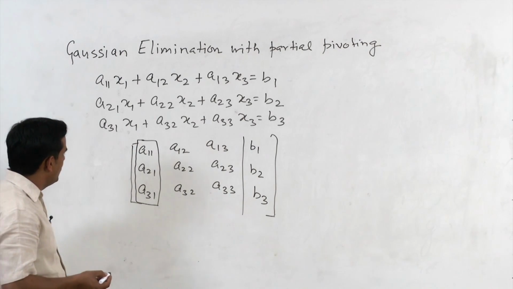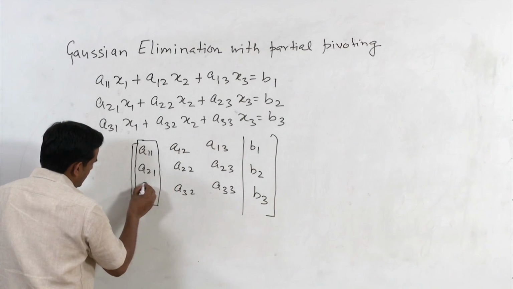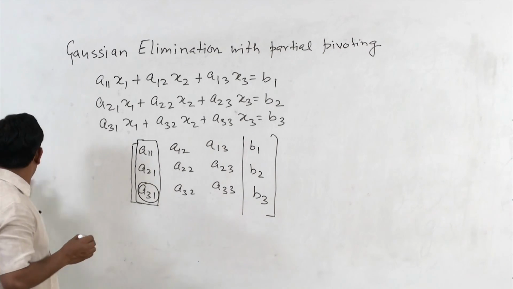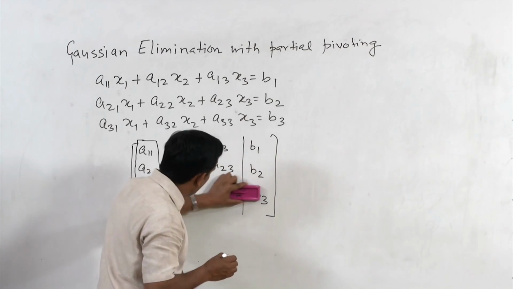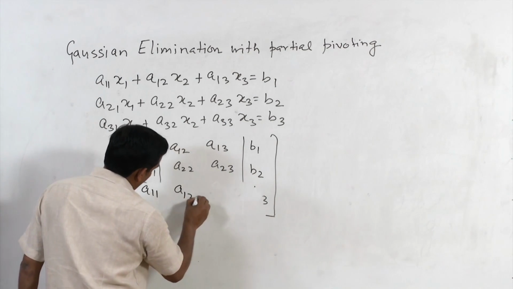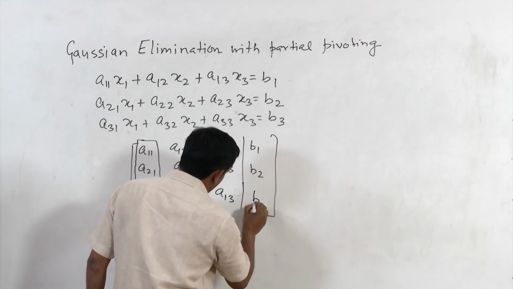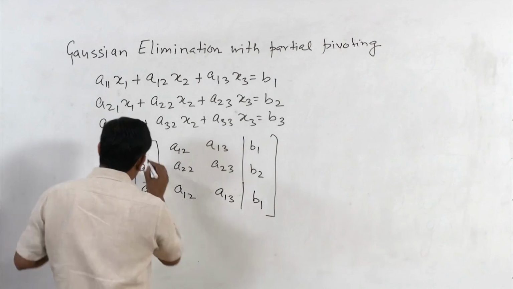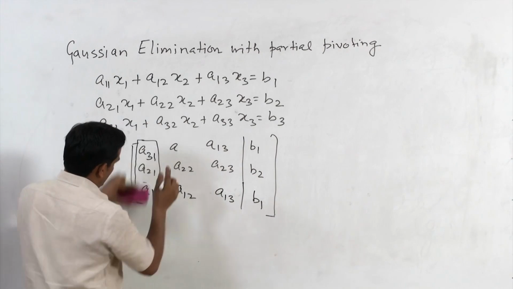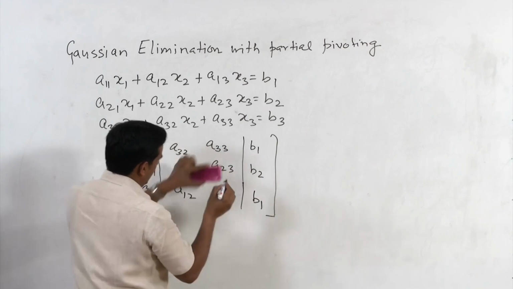After doing this, let us assume that the maximum element is a31. So, I will interchange my third equation with the first equation. My augmented matrix will become a31, a32, a33 equals b3 in the first row, and a11, a12, a13 equals b1 in the third row.